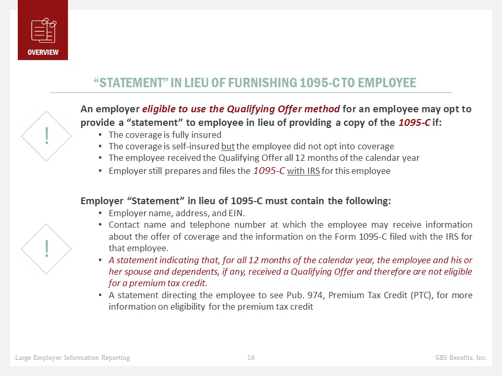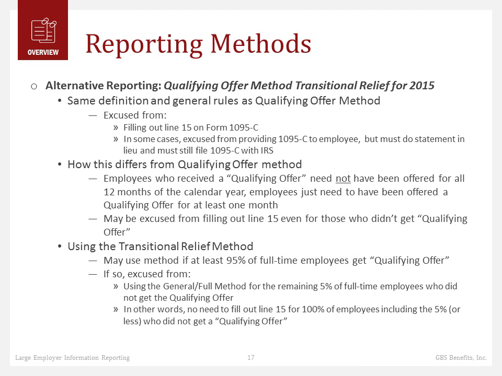This is information in case you decide you want to do this letter or statement instead of giving them the 1095-C, and here's the rules for that. But I'm not going to spend time on it because I don't think many of you will be doing it. If you decide to do it, feel free to email me and ask me some questions about it if you need help with that. So that was our first alternative reporting method.